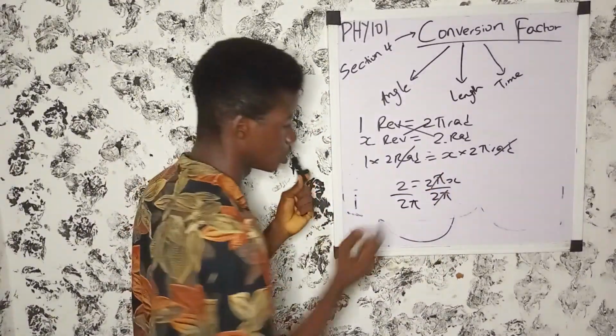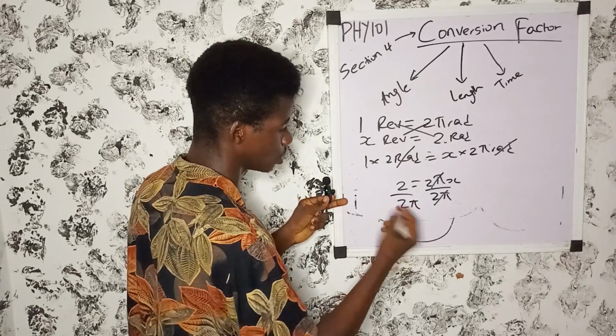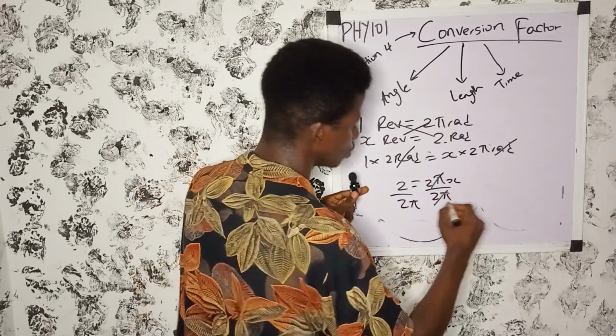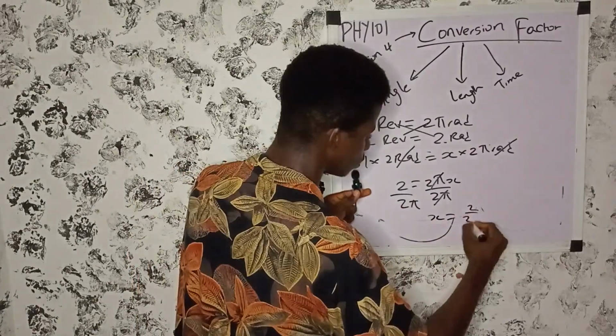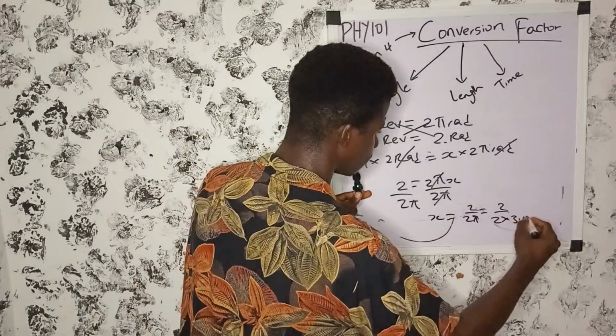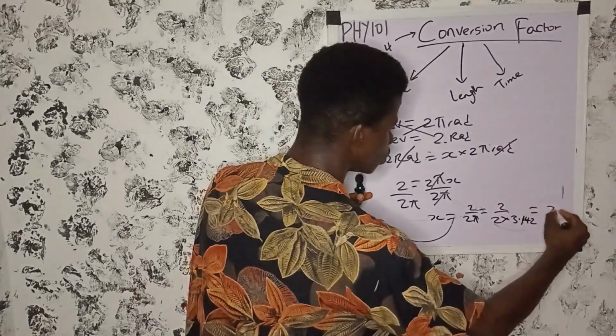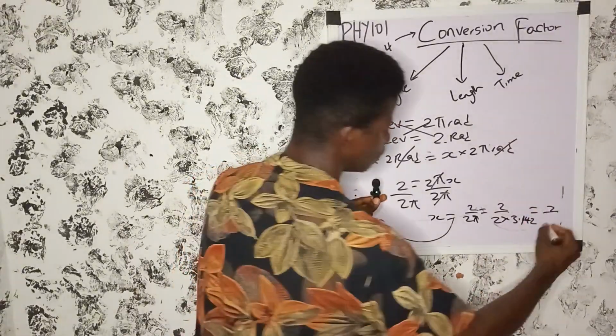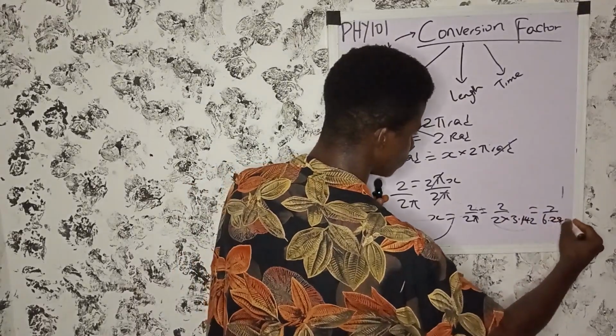So x will be equal to what? 2 over 2 pi. And pi is the same thing as what? 3.142. So 2 times 3.142 gives you 6.284.